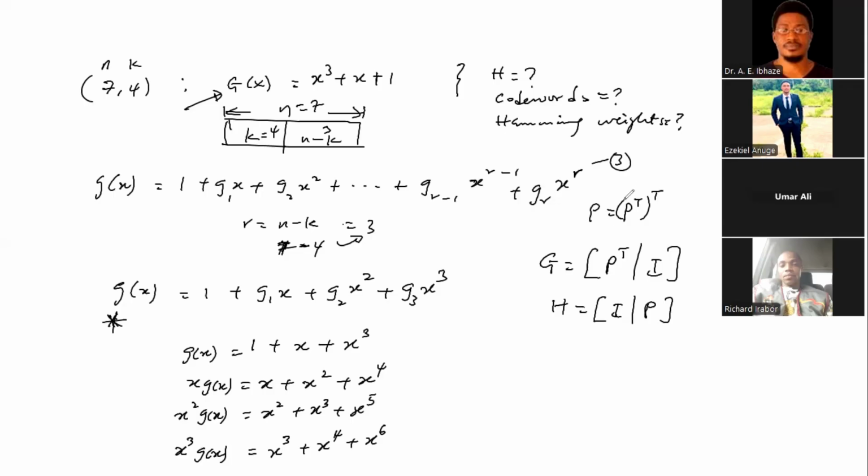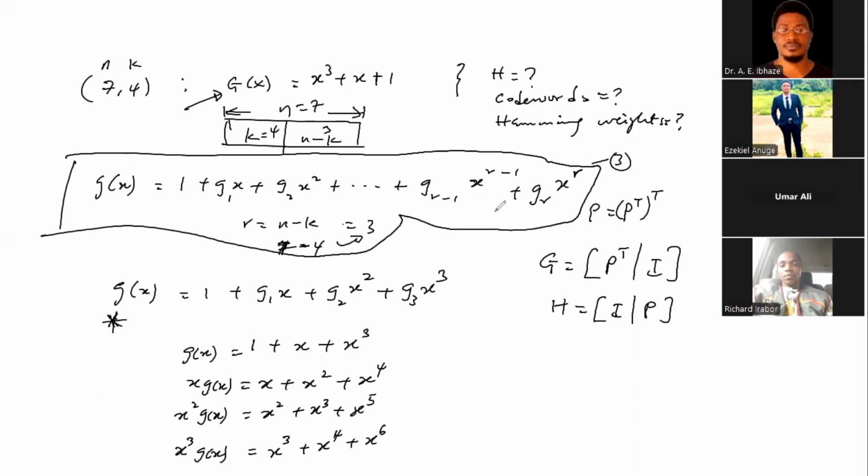So if that is what we want to do, we've been given the generator polynomial, and we know that the generator polynomial is defined with respect to the redundancy as this. And we know that the redundancy here is 3, based on the fact that we have a (7, 4) code. If we plug that into this expression, we have 1 plus g1 of x plus g2 of x squared plus g3 of x cubed all the way. But we know g of x.